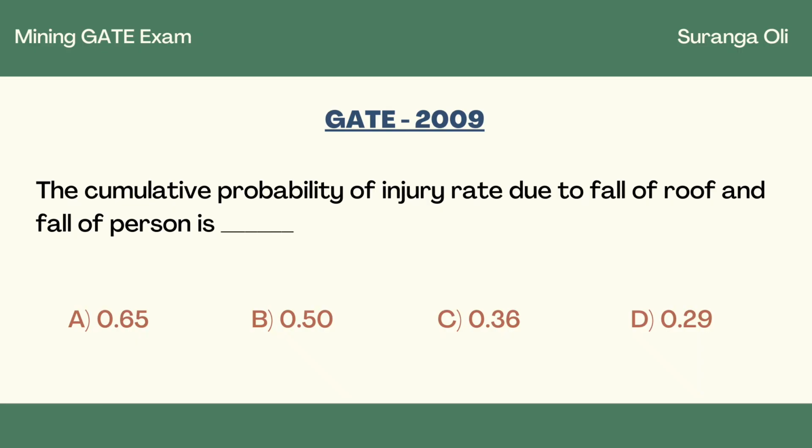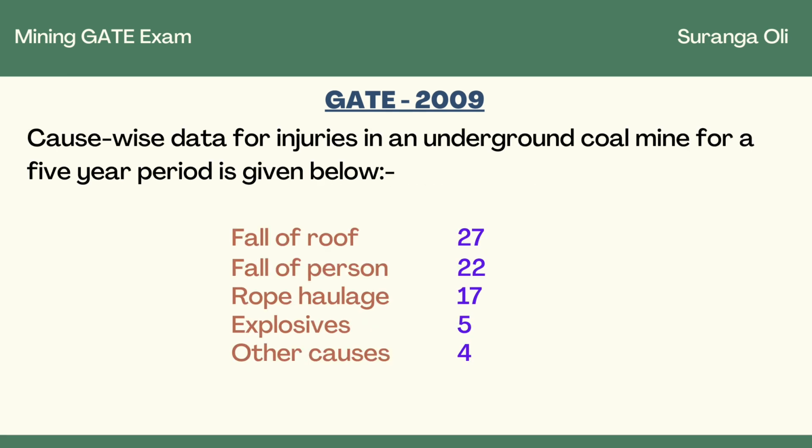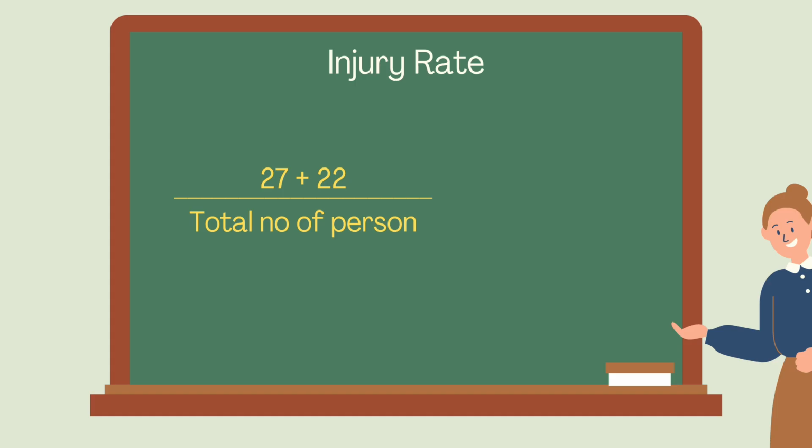In this question they have asked only the injury rate because of fall of roof and the fall of person. When we see the table, we see that the injury rate due to the fall of roof is 27 and the number of persons injured due to fall of person is 22. So the total number of persons injured here is 27 plus 22.